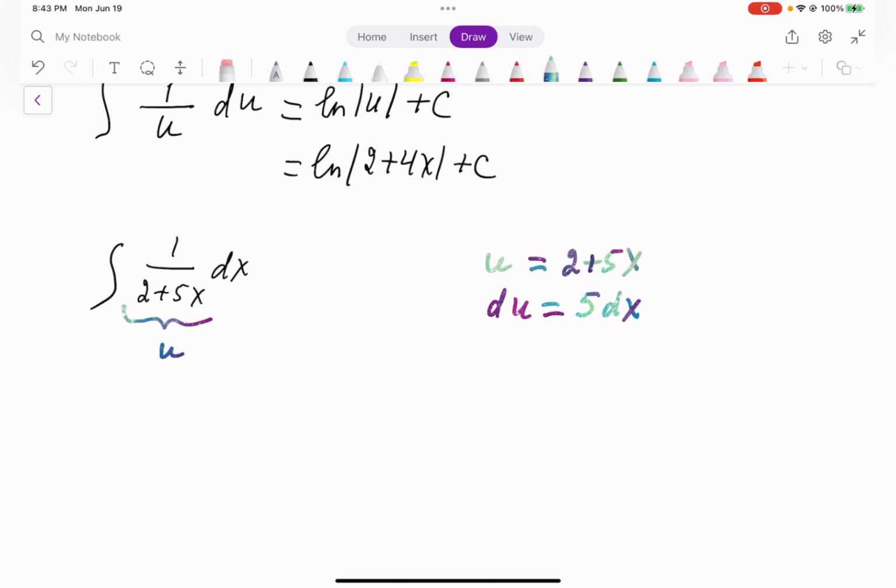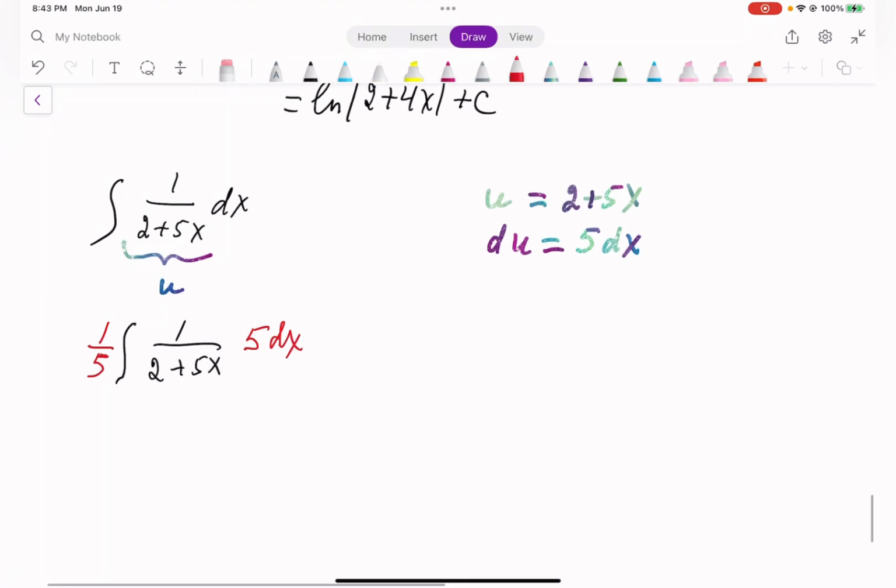But here we need 5 dx. This is what I'm going to do. I'm going to rewrite 2 plus 5x, and I'm going to squeeze in here 5 dx, so I can replace it with du. And because I squeezed in a 5, I'm going to write out here 1 over 5. I could put it under the integral also, but it's still going to come out anyway.